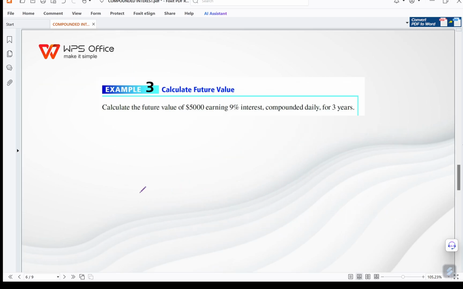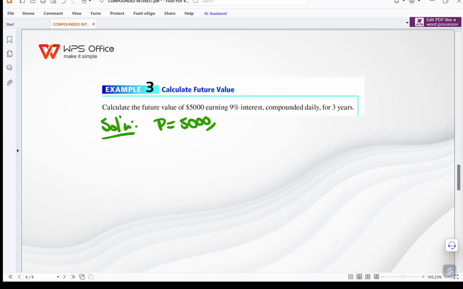Next, we do the future value. The future value is the same as the compound amount. To solve this, first we need our P. Our P is 5,000.